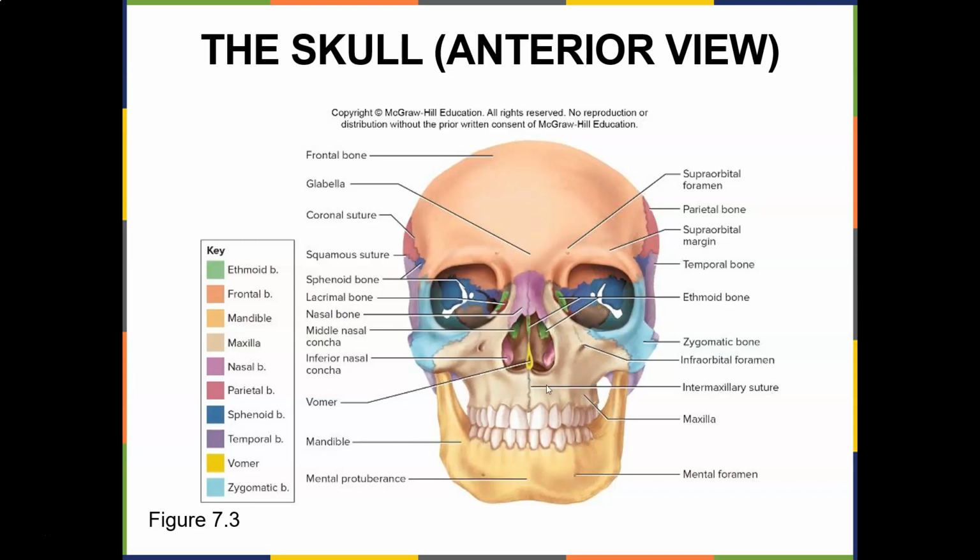Sphenoid bone. Zygomatic bone. Okay, the vomer bone. So I know it seems intimidating at first, but you do have to memorize this stuff. And whatever's on this image here is fair game.